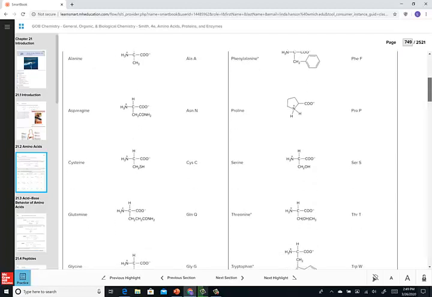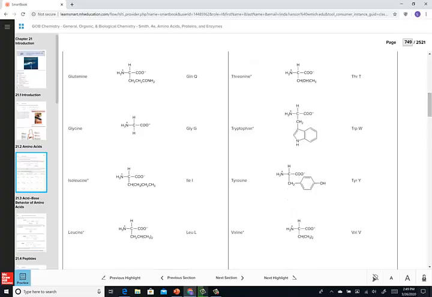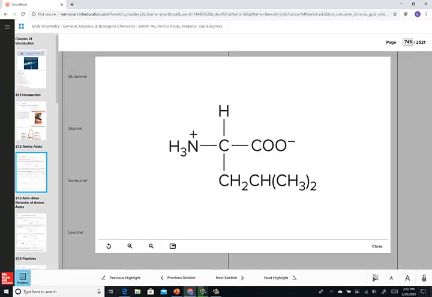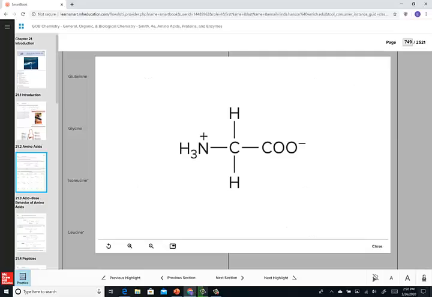Well, I need you to know that LEU stands for leucine. Once you know leucine, you can easily find its R group, CH2CH, CH3 taken twice. But I have to know what LEU stands for so that I can find leucine on the table. And then, of course, GLY, glycine. That's the simplest one. That gives us the H for the functional group.